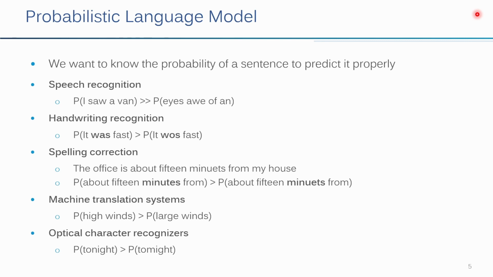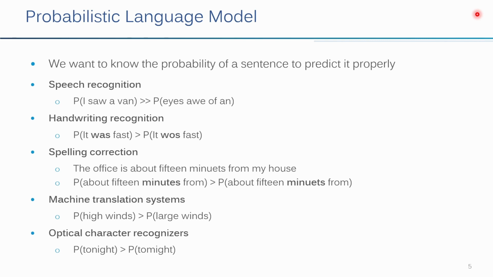So let's say you're having a speech recognition system and you're not sure which sentence was captured, which sentence makes more sense, which sentence is more probable? The probability of "I saw a van" or "eyes of an ant." So most likely the first one. Or handwriting recognition, "it was fast" is most likely to be correct.